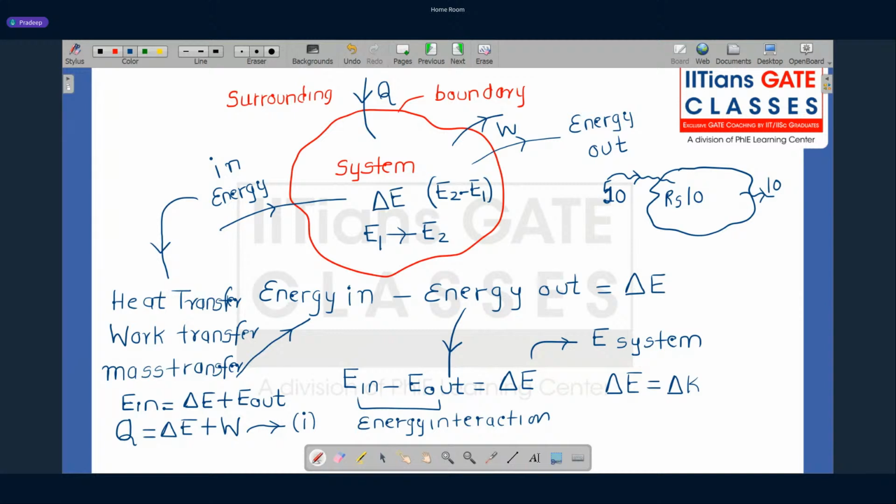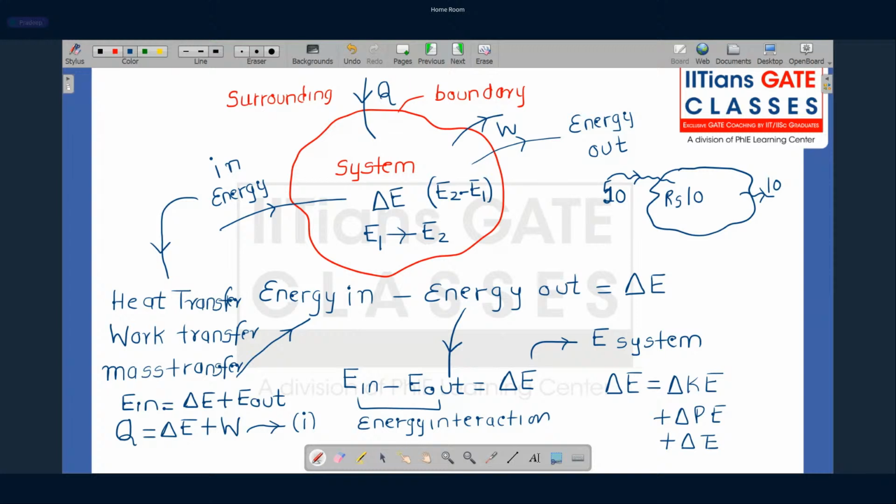System can possess kinetic energy, potential energy, and internal energy. Kinetic energy is due to the motion, a bulk motion of the system. Potential energy is due to a certain elevation with respect to the gravitational field. Internal energy is the energy stored at the molecular level.